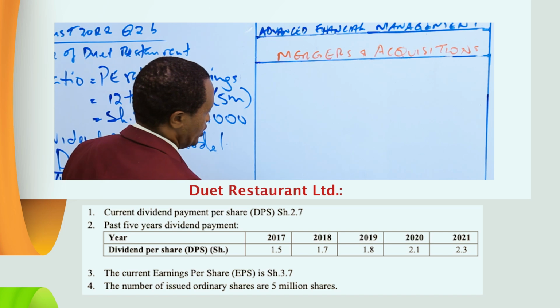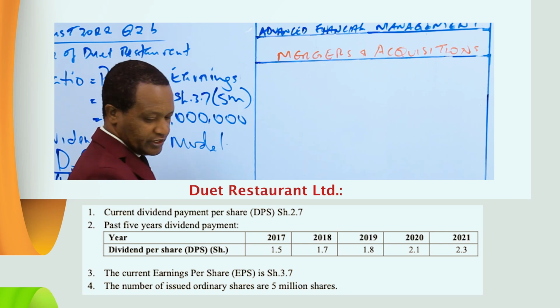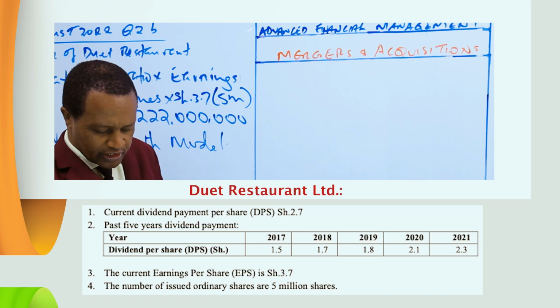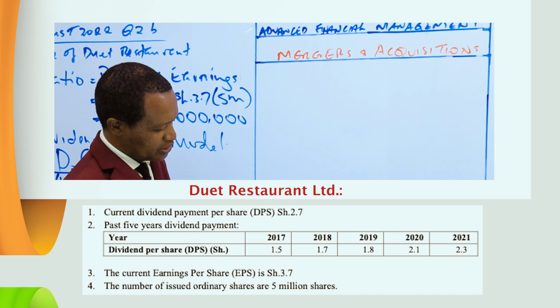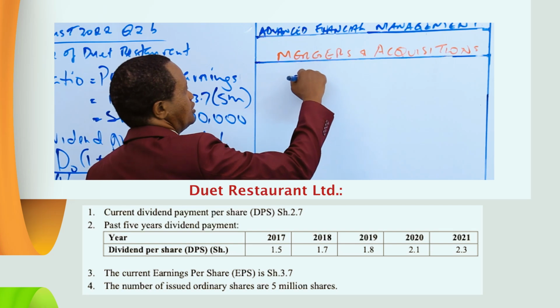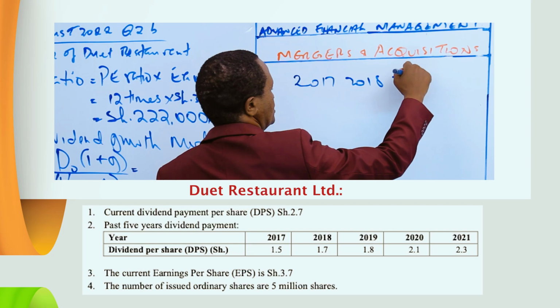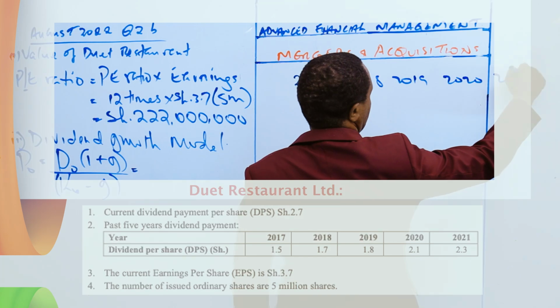Candidates, when given a history of dividends per share, in this question we have the history running from 2017 to 2021. So we have the DPS for 2017, 2018, 2019, 2020, and 2021.